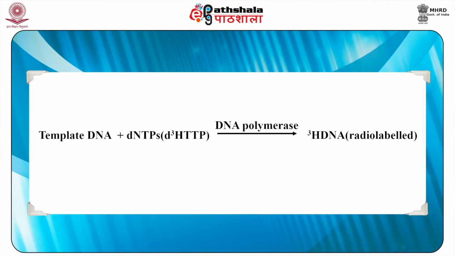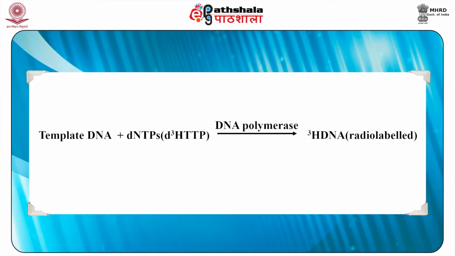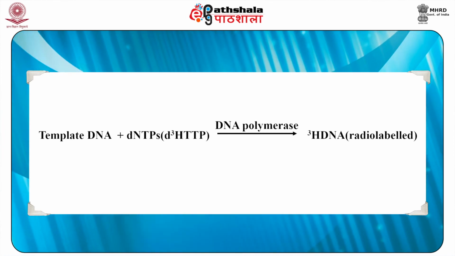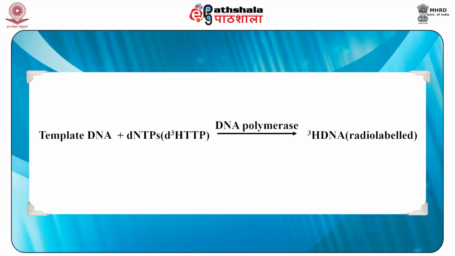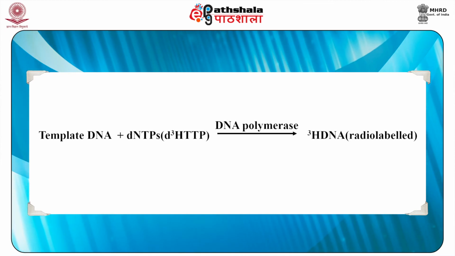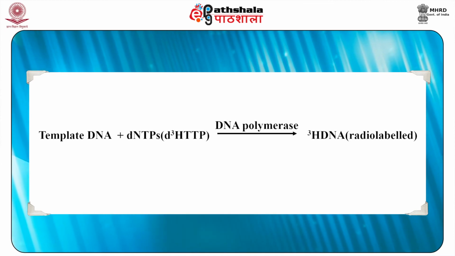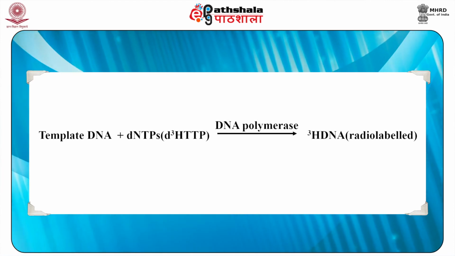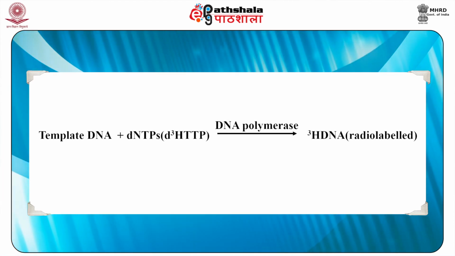After a given amount of time, the newly formed DNA is precipitated with 10% trichloroacetic acid, and the radioactivity is counted in the precipitate and correlated stoichiometrically with the amount of nucleotides incorporated.